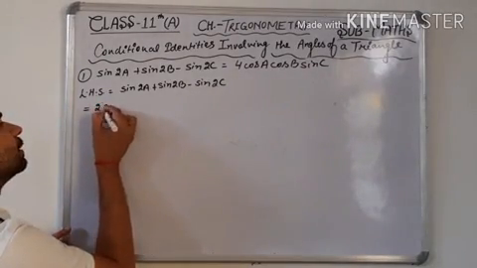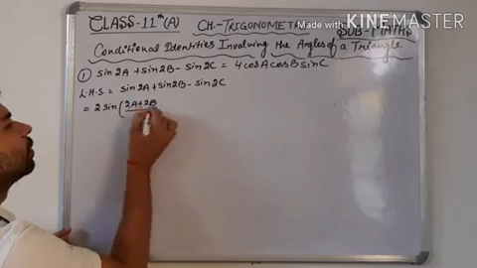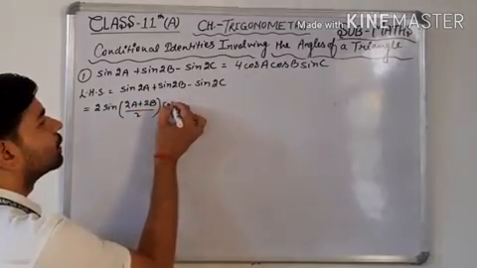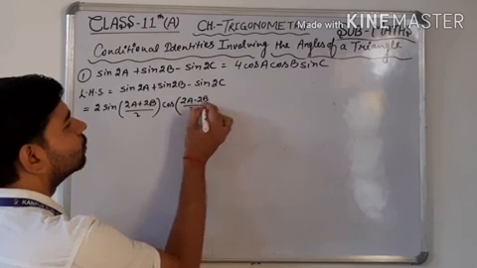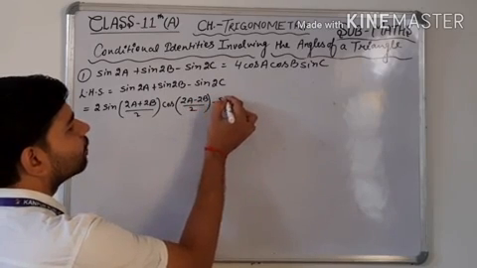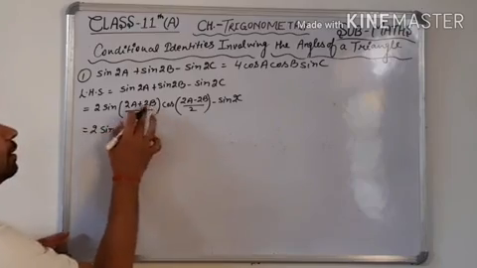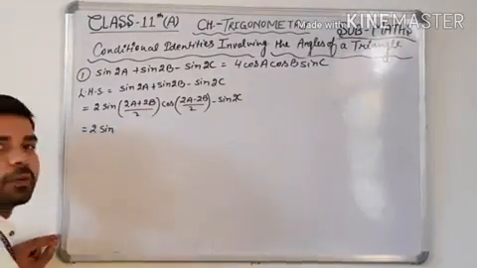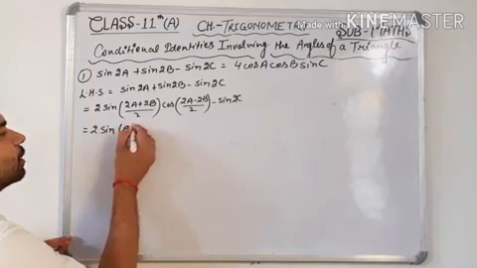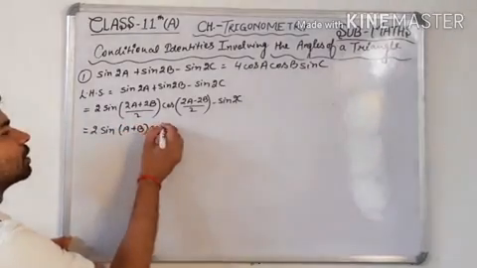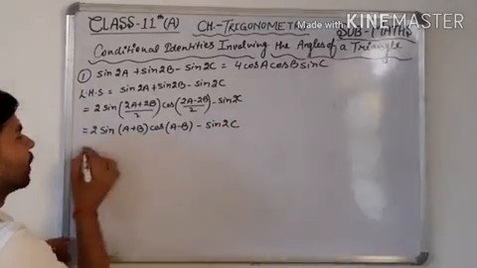Sin C plus sin D is 2 sin (C plus D)/2, meaning (2A plus 2B)/2, cos (C minus D)/2, meaning (2A minus 2B)/2, minus sin 2C. Taking 2 common from the numerator, it will cancel out from the denominator. So it becomes 2 sin (A plus B) cos (A minus B) minus sin 2C.